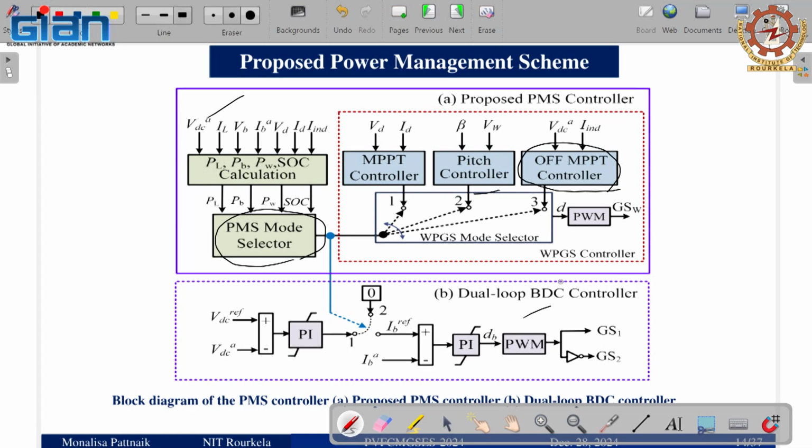We have also modified that, but when we initially started, we kept the lower limit as 50% and the higher limit as 90%. So within that, it is regulating the bus voltage. If it is exceeding the upper limit or below the lower limit, then the battery has to be stopped, meaning we will disconnect this bidirectional converter, so the battery will be kept safe.